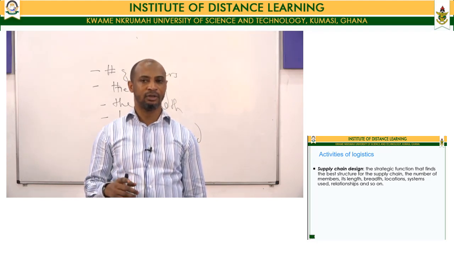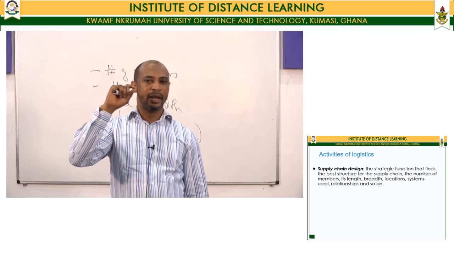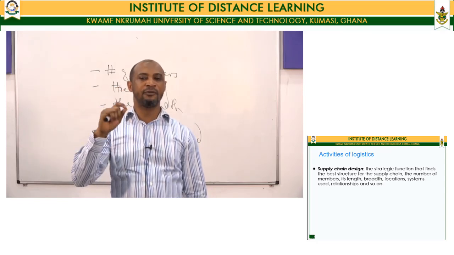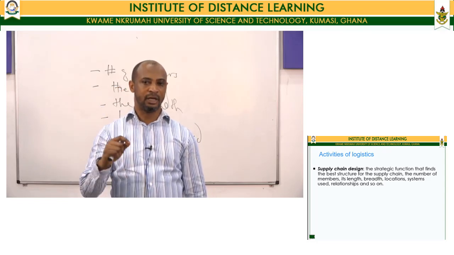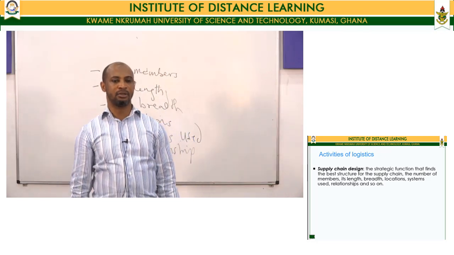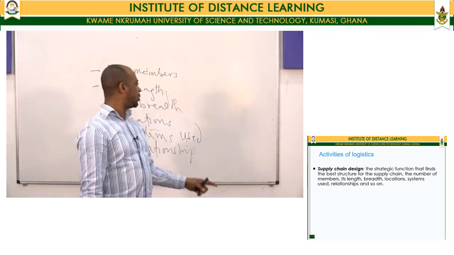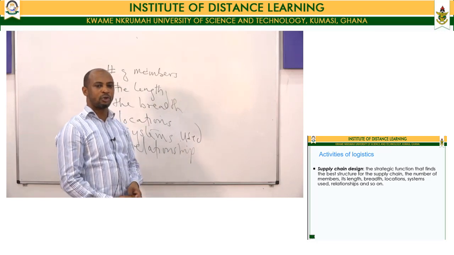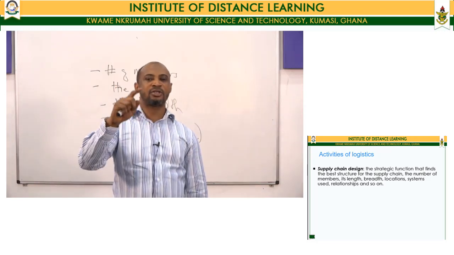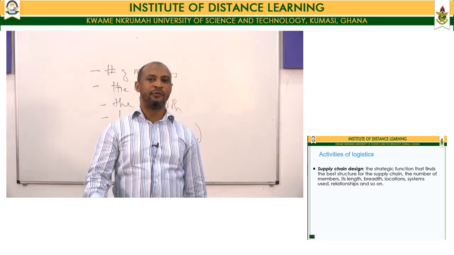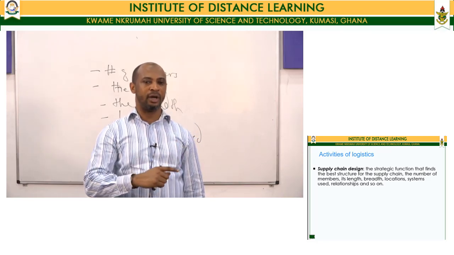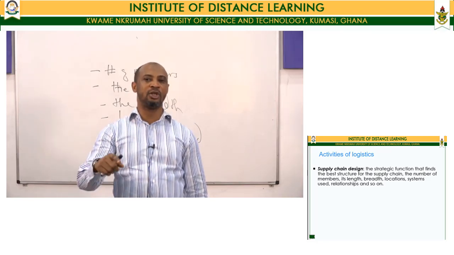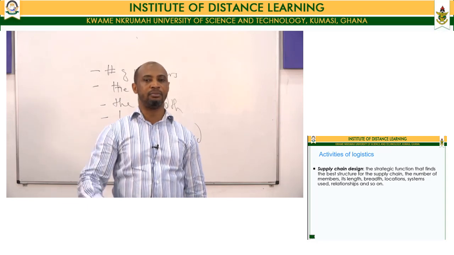Among the following is a strategic function for the logistics department. Then we will list all this and also add to find the best structure for the supply chain. And you find that in this case, all of them will be correct, but to find the best structure for the supply chain will be more correct than all of them.